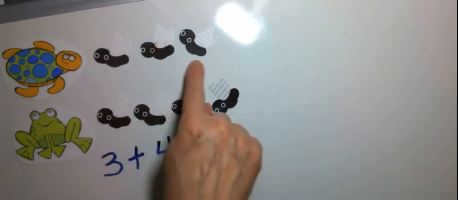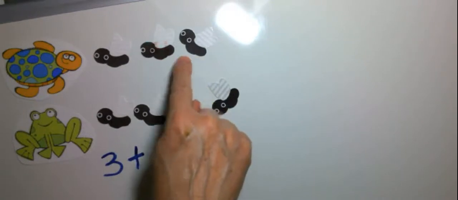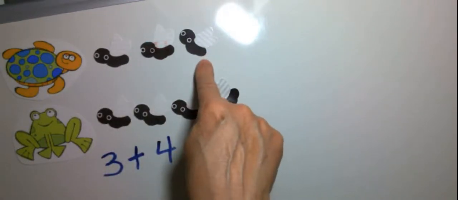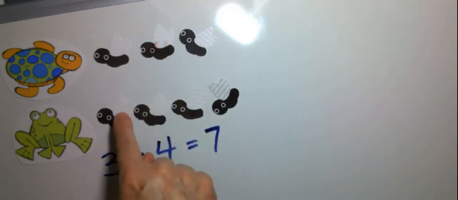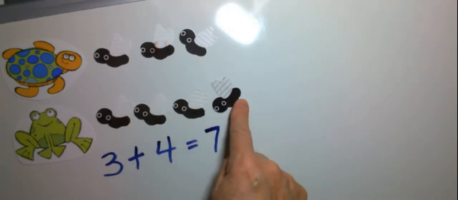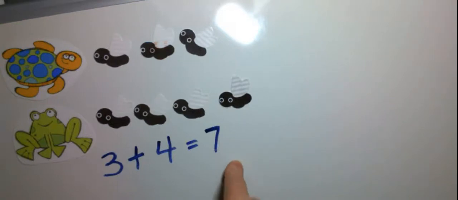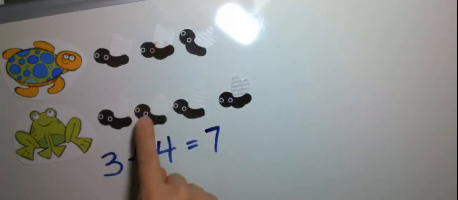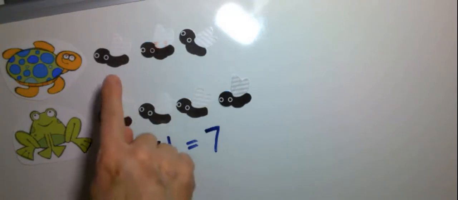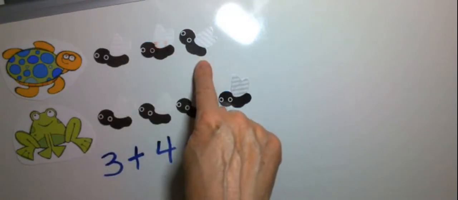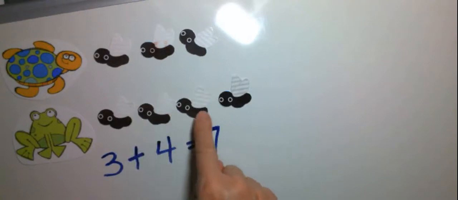Remember, if you know this is 3, you don't have to count those again. Just start with 3 and add on. So 3, 4, 5, 6, 7. It's much faster when you do that instead of having to count 1, 2, 3, 4, 5, 6, 7. You can still do it that way, but it's faster if you say, okay, I know that's 3. I'm going to start with 3, 4, 5, 6, 7.